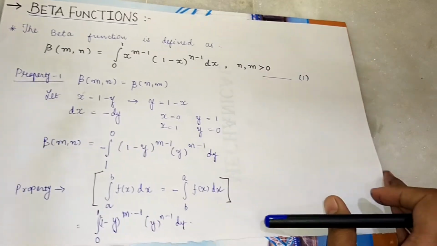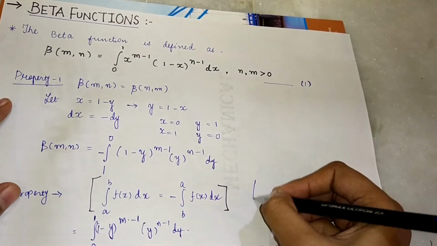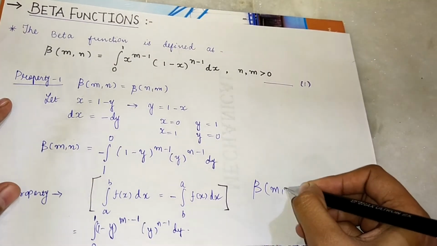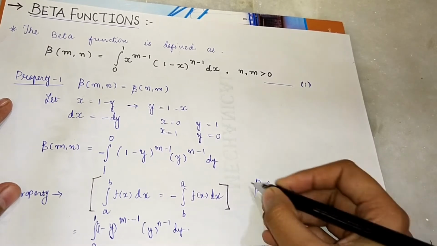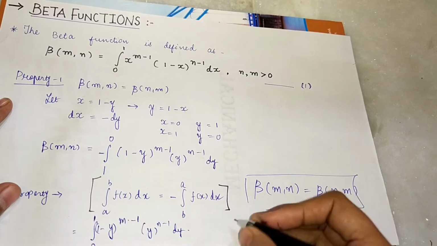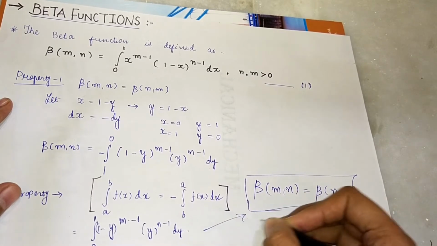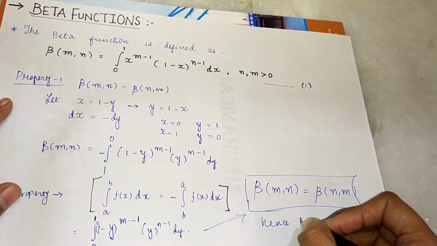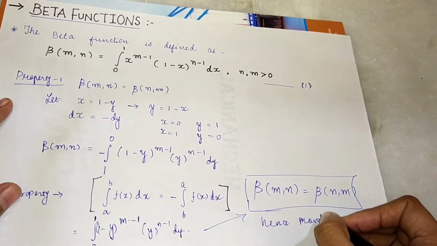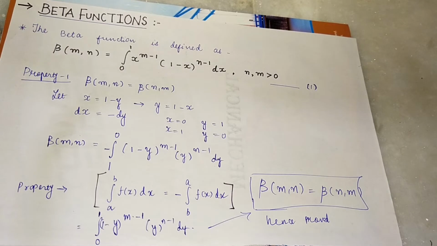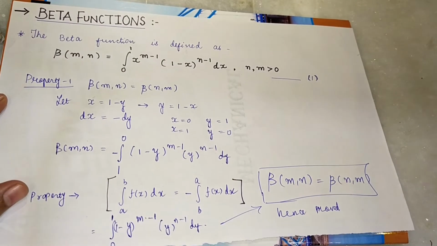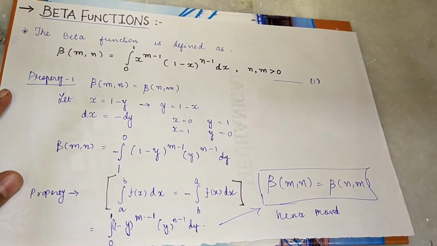So they both are the same. So from this we can prove that beta m comma n is equivalent to beta n comma m. Hence proved. So this is property 1 of the beta function.